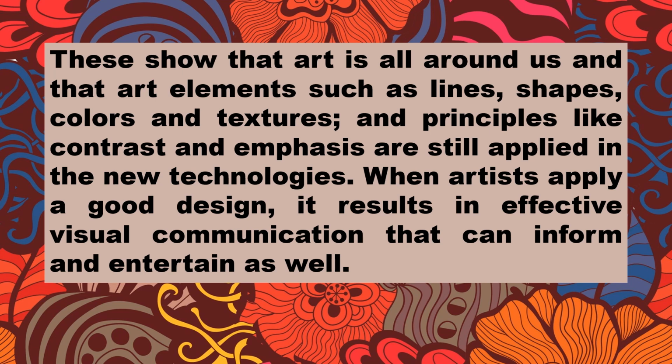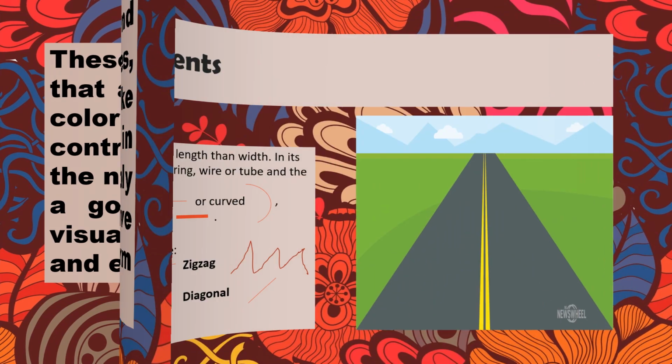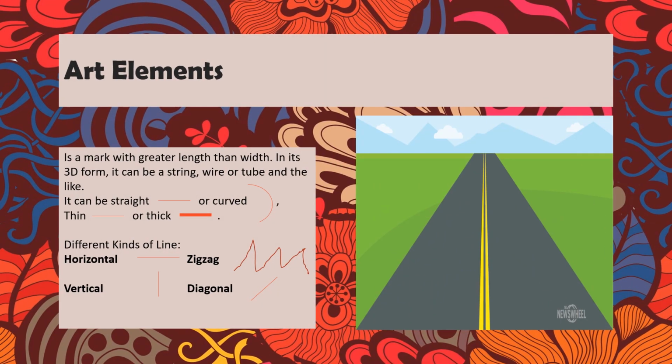When artists apply a good design, it results in effective visual communication that can inform and entertain as well. Now, we will be talking about the different elements and principles that will be applied in commercial art. First, we will go to the different art elements.